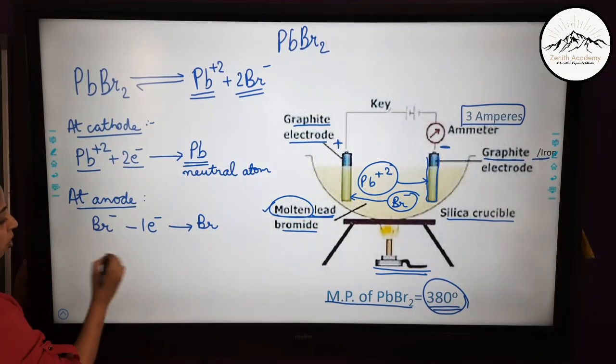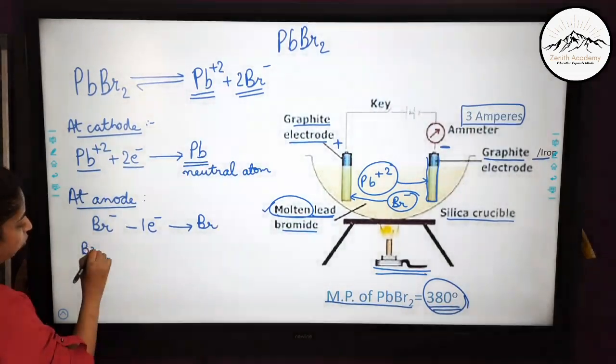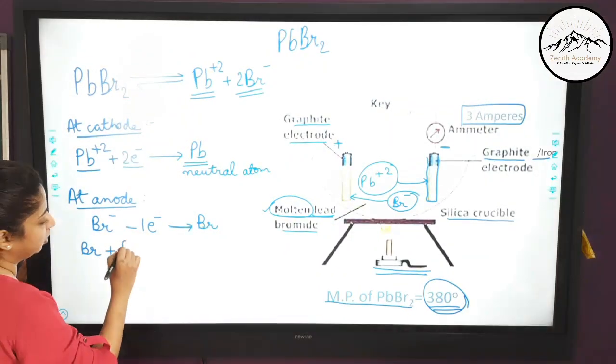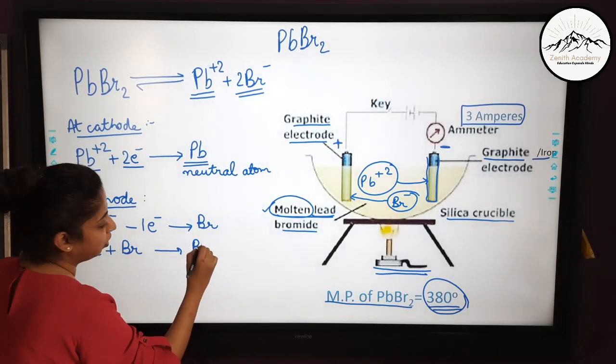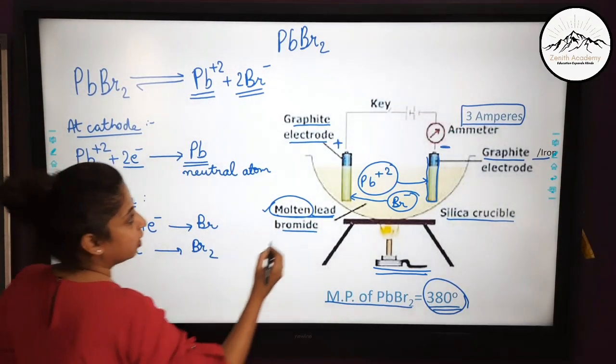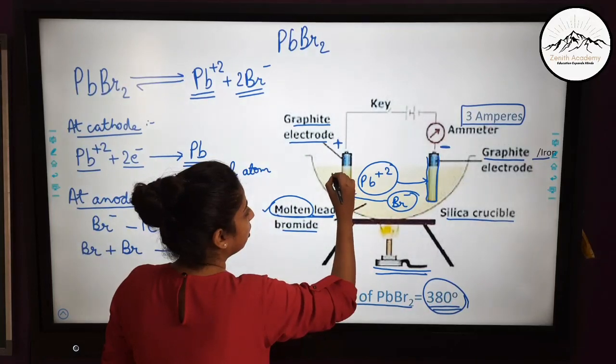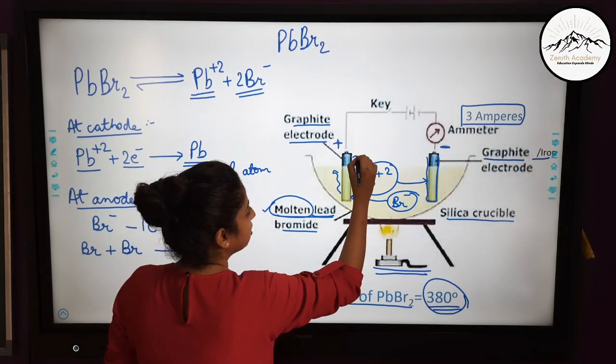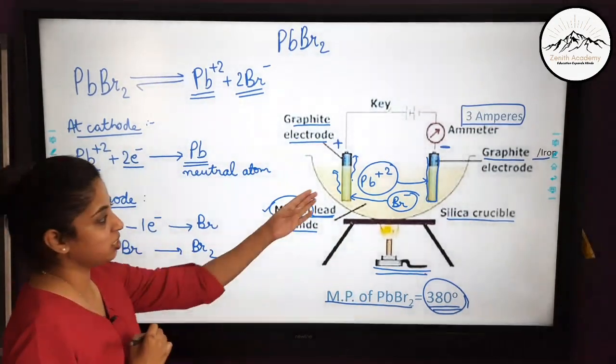Now two such bromine atoms react together to form a bromine molecule, and hence red brown vapors of bromine are released here at this electrode.